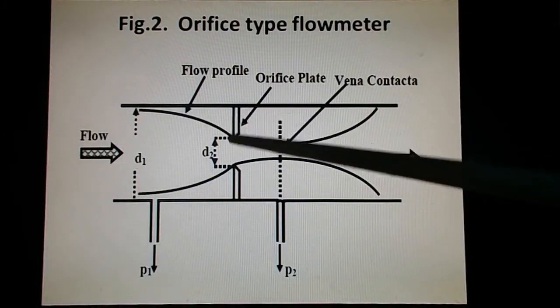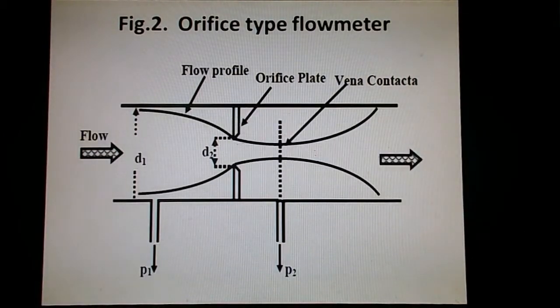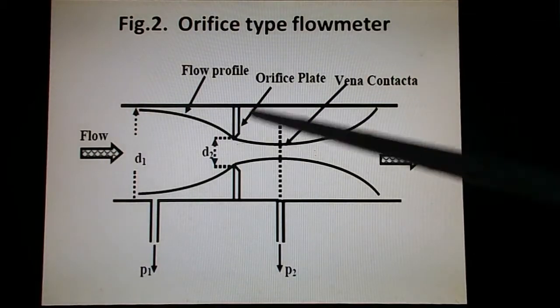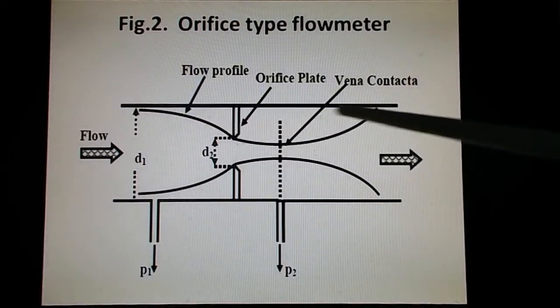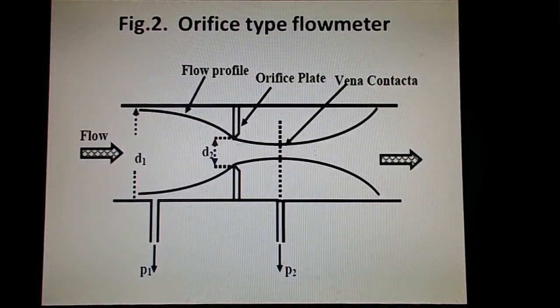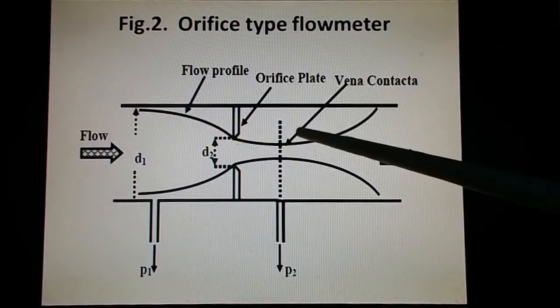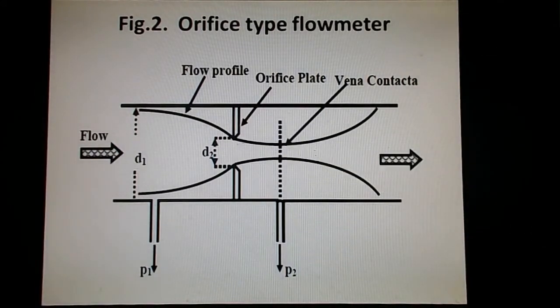The orifice diameter is D2 and its area of cross section is A2. This is the flow profile for the flow. So in the flow profile we notice a minimum area of cross section, that is vena contracta.